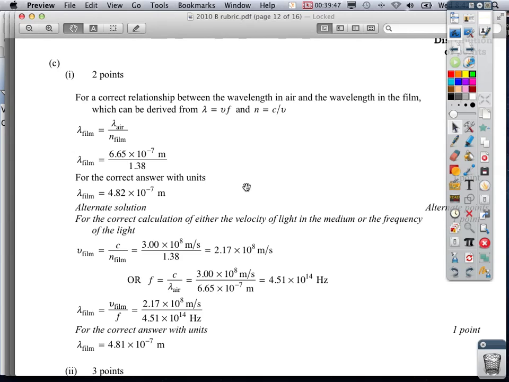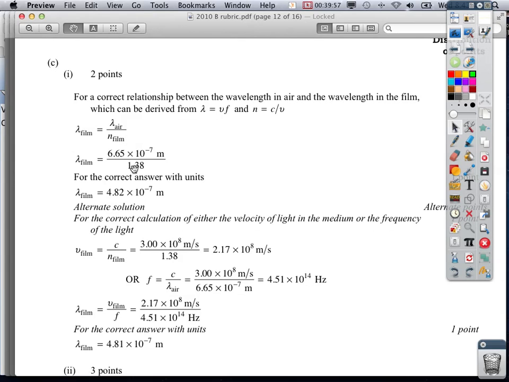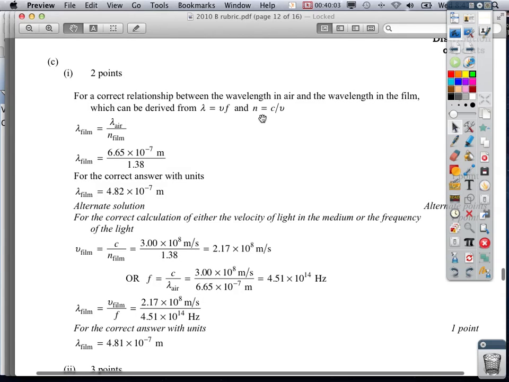Okay, sorry. I didn't consider the film, but it goes from the air to the film. So that's why this is N of the film. But this is what we got here. So all they did is they used these two equations, this is what we did. We used these two equations to get this. That's all that happened. That's what we got.